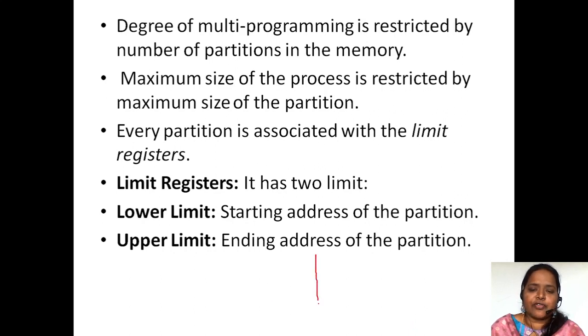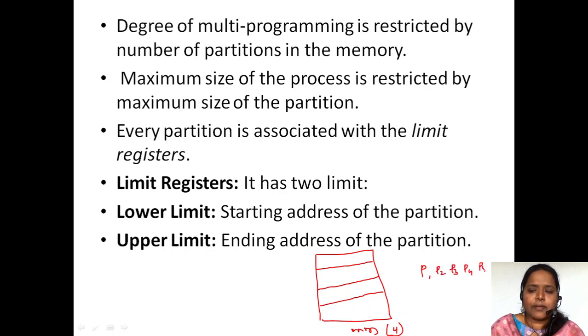Why is this degree of multiprogramming restricted? Because, as I have said, the main memory has been partitioned into 4 partitions. And now I am having P1, P2, P3, P4, P5 and P6 processes.